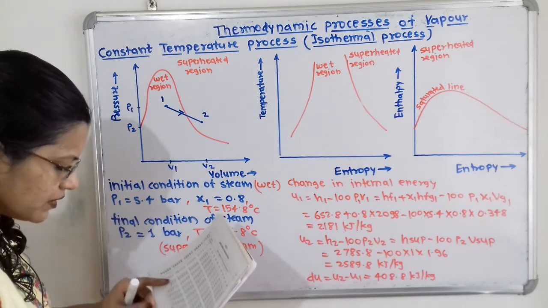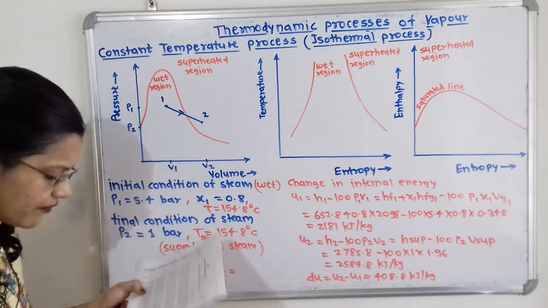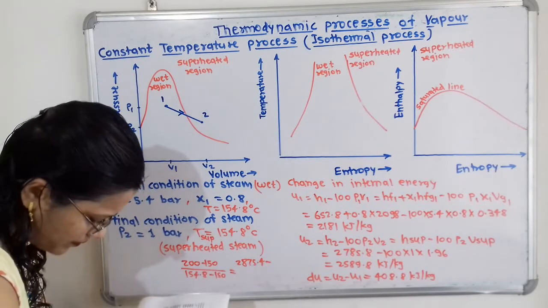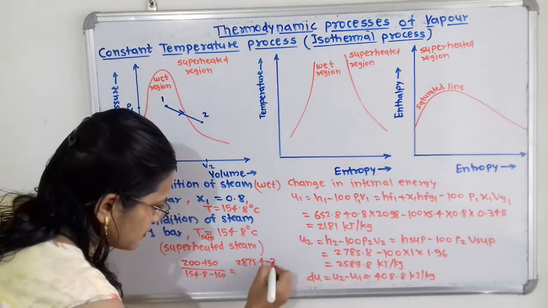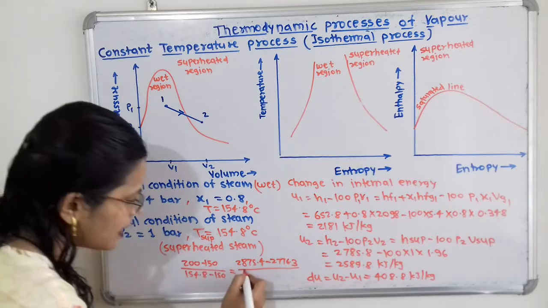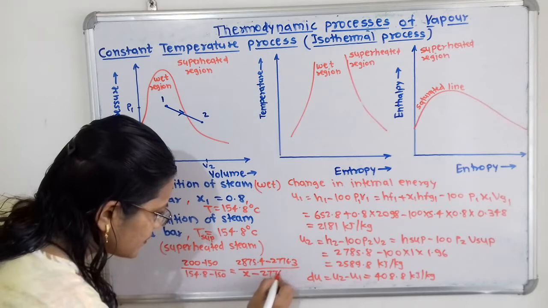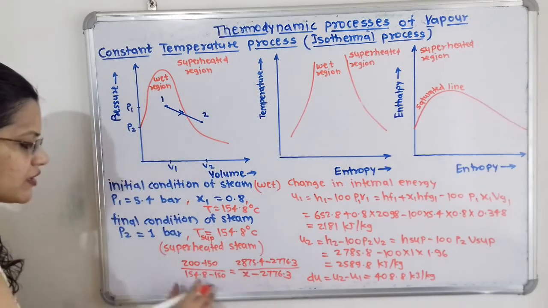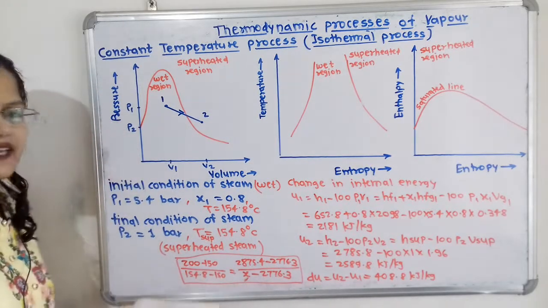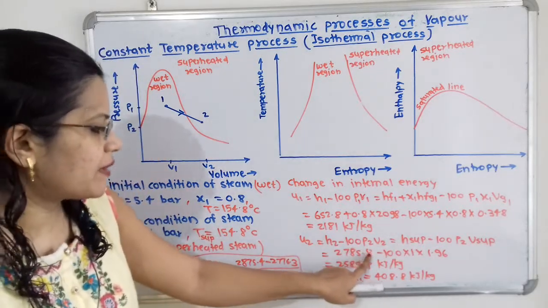So if we observe here, enthalpy for 200 is given 2875.4 minus, for 150 it is given 2776.3, divided by, now 154.8 enthalpy is unknown, so I will write here x minus again for 150, 2776.3. Now we can easily solve this equation. Why? Because only one unknown term, that is x, and we can calculate this x, and this x is nothing but H superheated, that is 2785.8.